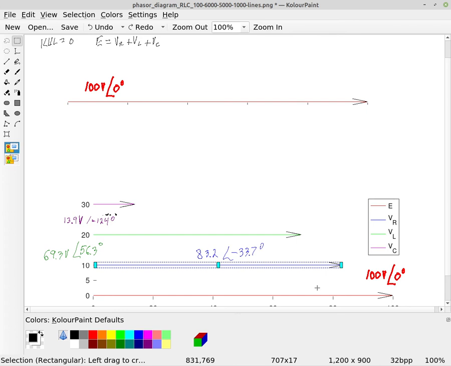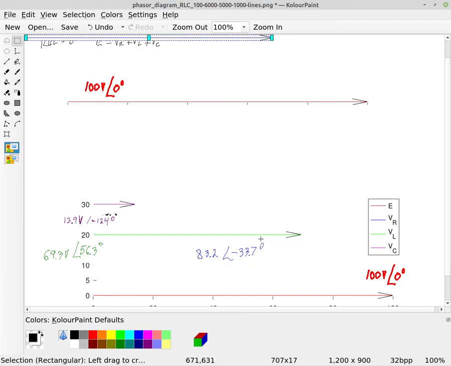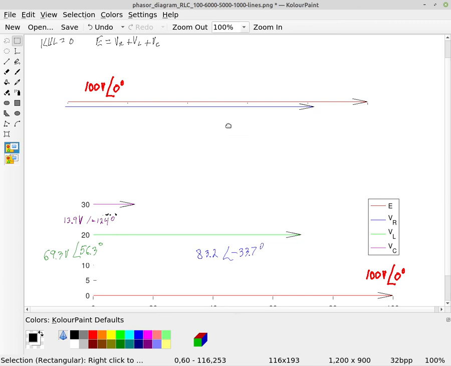So I'm going to select this phasor here, and paste it in here. And now remember that it should have an angle of minus 33.7 degrees.